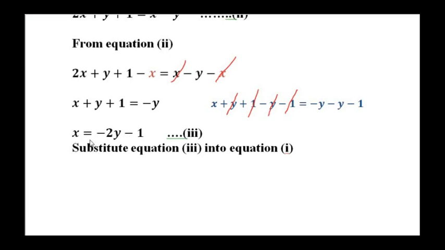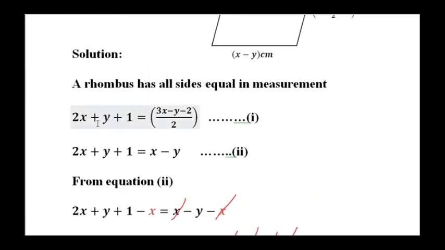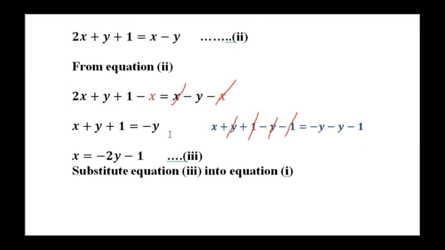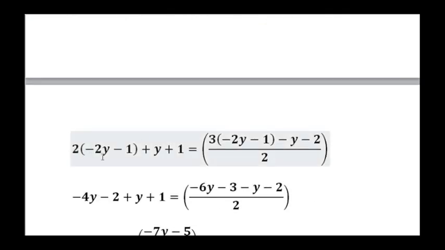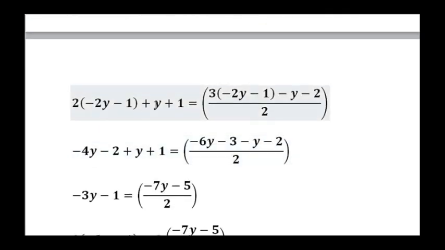I'll label x = -2y - 1 as equation 3, and I'll substitute this equation into equation 1. Now, equation 1, 2x + y + 1 = (3x - y - 2)/2 becomes 2(-2y - 1) + y + 1 = (3(-2y - 1) - y - 2)/2.